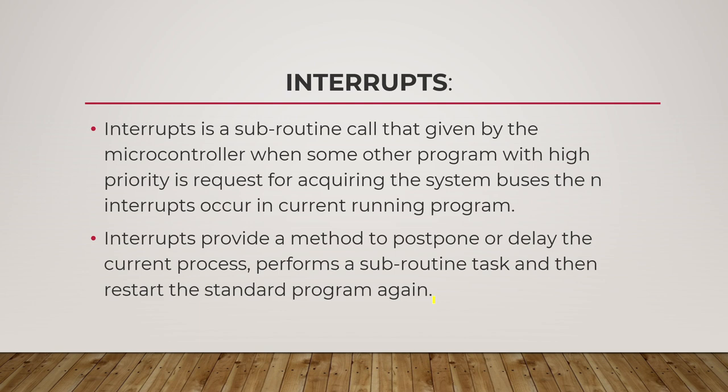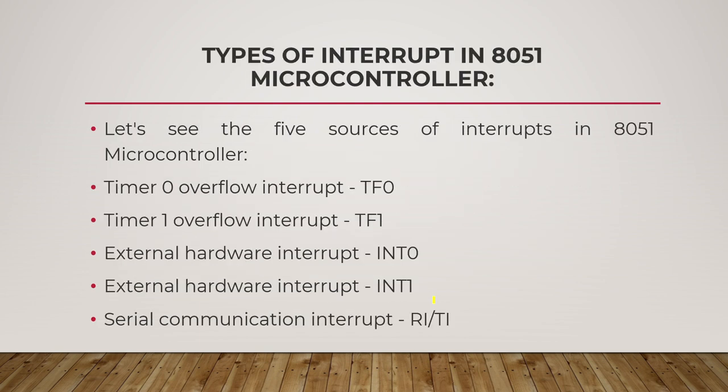How many types of interrupts are there, I will explain once again. The types of interrupts in the 8051 microcontroller: we have 5 sources of interrupts. We have timers, timer 0 and timer 1, external hardware interrupts 0 and 1, and the serial communication interrupt, meaning RI and TI, the receiving and transmitting ports.